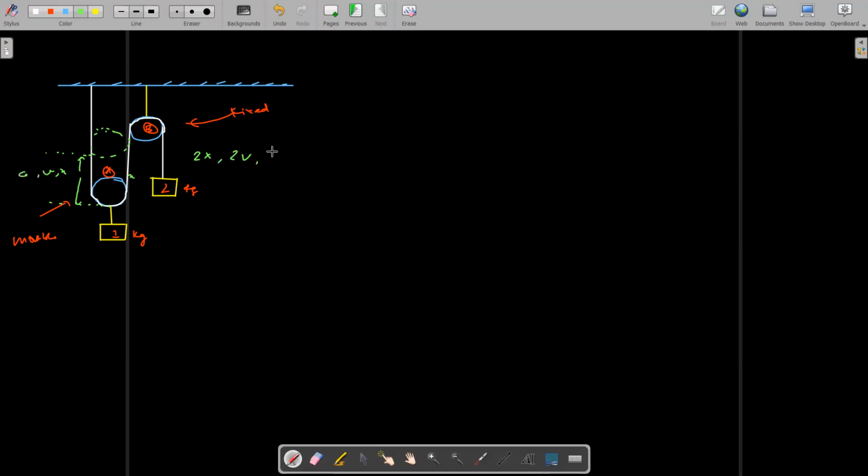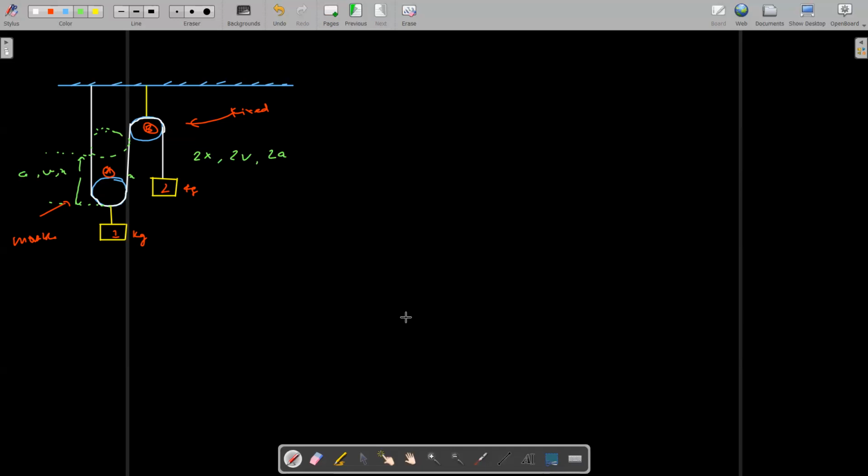In the case of acceleration, you will be getting 2a. Here you have to understand that if pulley A moves up by x distance, the total distance in the string will be 2x, right? That is, B will move down by 2x. Okay, I hope you get it.